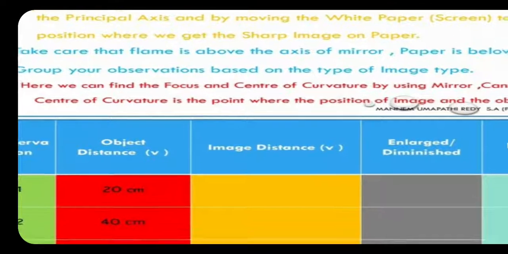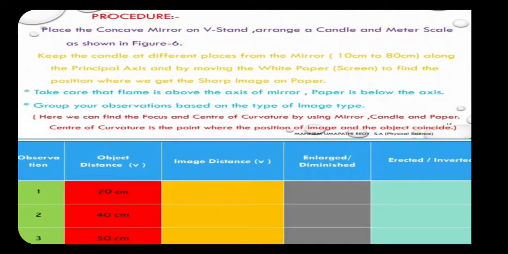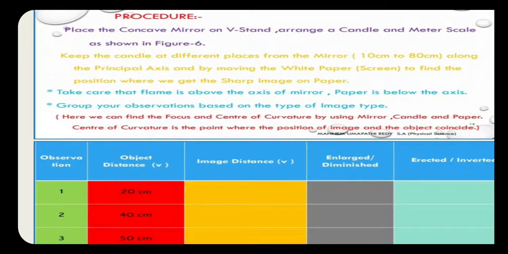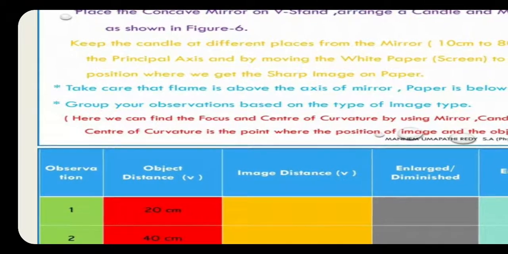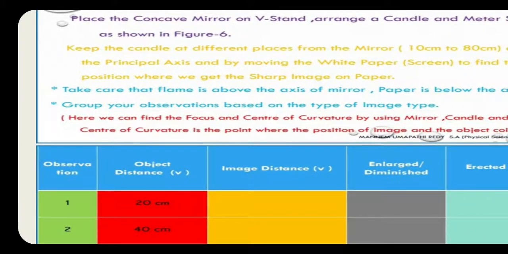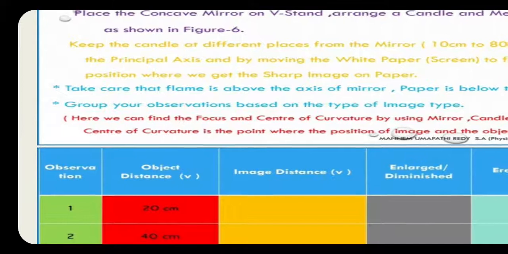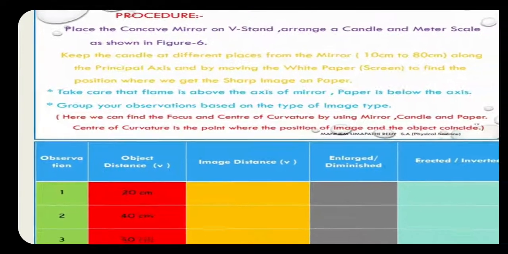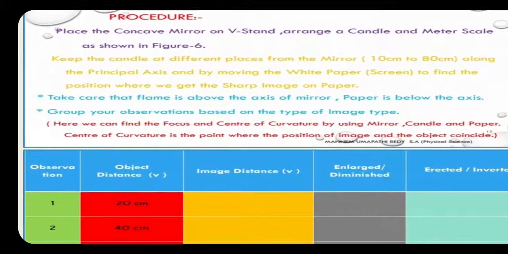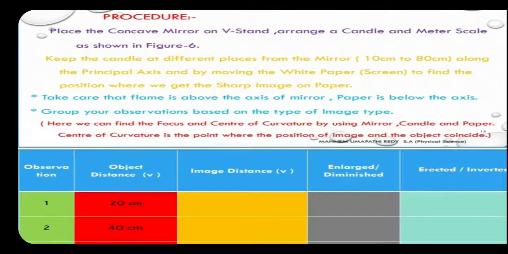What precautions should you take? Take care that the flame is above the axis of the mirror and the paper is below the axis of the mirror. Always the candle is kept above the principal axis and the screen is below the principal axis.